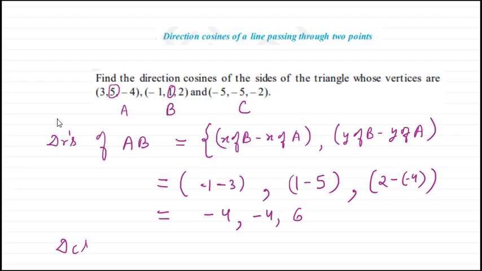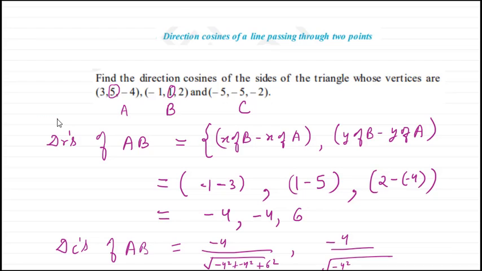Then you have to find out the DCs of AB. It will be minus 4 divided by root over minus 4 square plus minus 4 square plus 6 square. And then the same thing, minus 4 divided by the whole thing, and then 6 divided by the same thing.